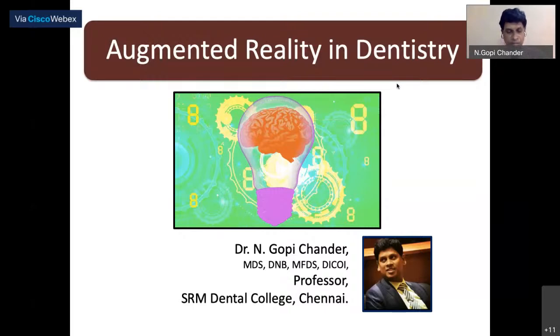And today, augmented reality in dentistry. I think many of you are aware of what it is, maybe scientifically or in terms of literature aspects. Many may not know about it, but it is being used in daily lives in some way or other. It's got extensive applications.